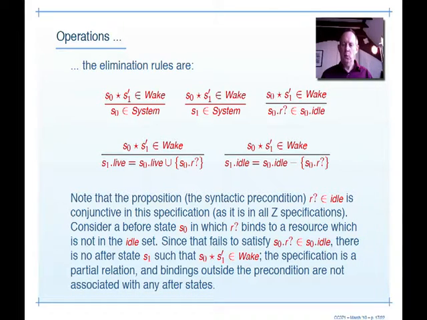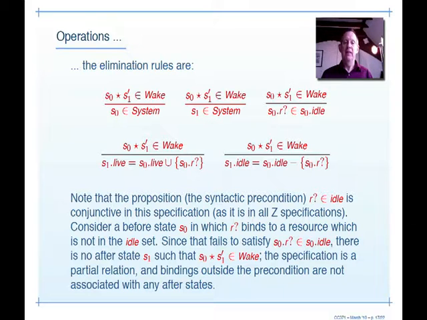In other words, we read all the constraints listed in a Z specification as conjoined, as joined with and. So I'd like you to consider a before state S0 in which the resource R prime, the input we give it, binds to a resource which is not in the idle set. So it fails to satisfy the condition that R in the initial state is in the idle set in the initial state.